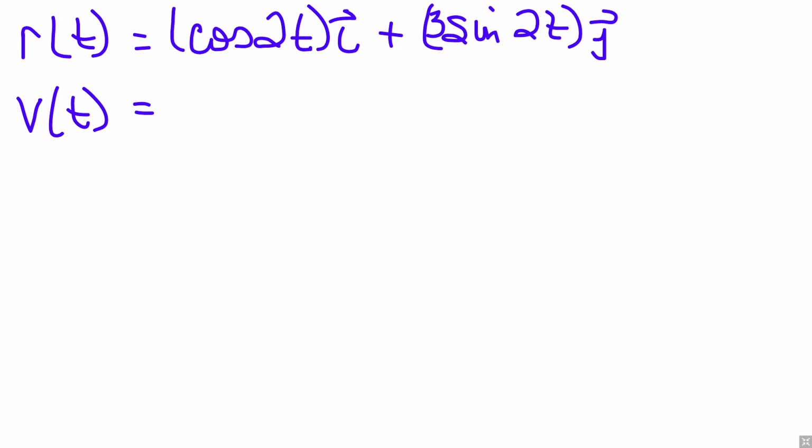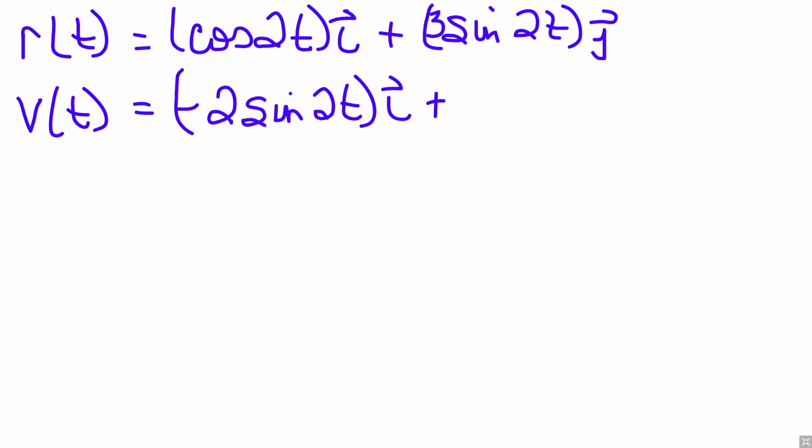Negative 2 sine of 2t in the i direction. And then what is going to be the derivative of the second component? Okay, so 6 times the cosine of 2t in the j direction. All right, any questions there?